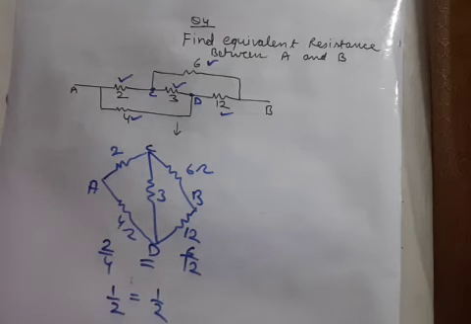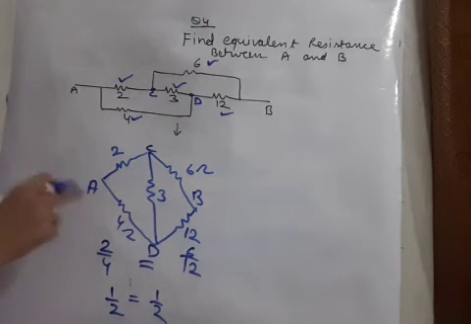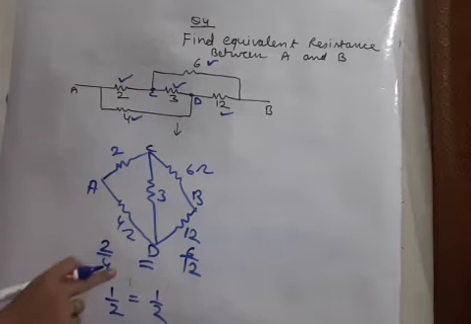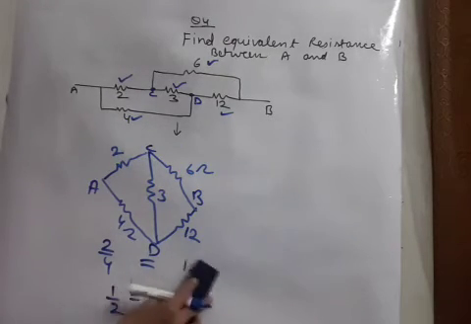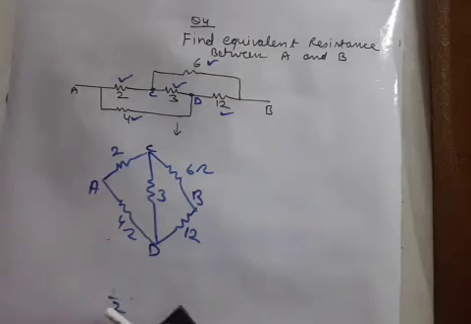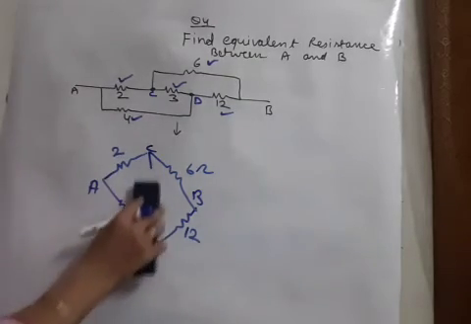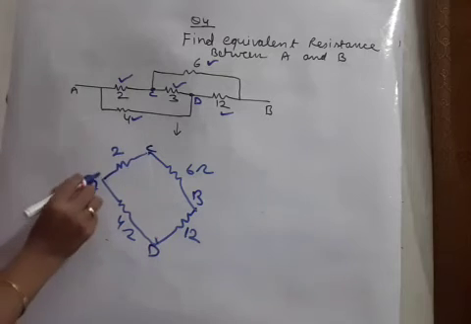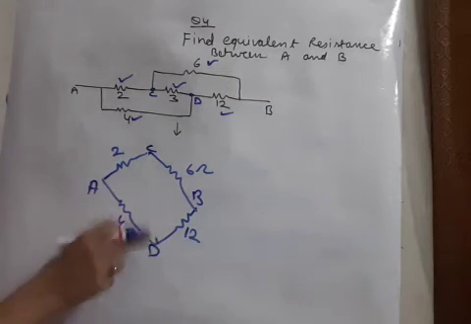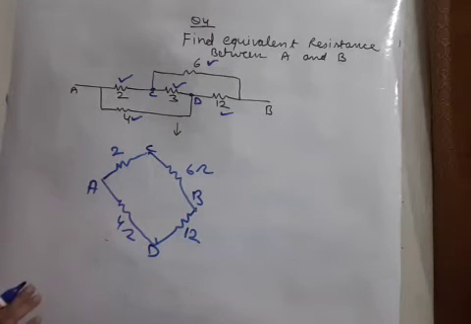If it is the same, then this bridge is said to be a balanced bridge. And balanced bridge means in the middle branch no current flows. So the middle branch we have to remove like this. In case this ratio is the same, then only we can remove the middle branch.